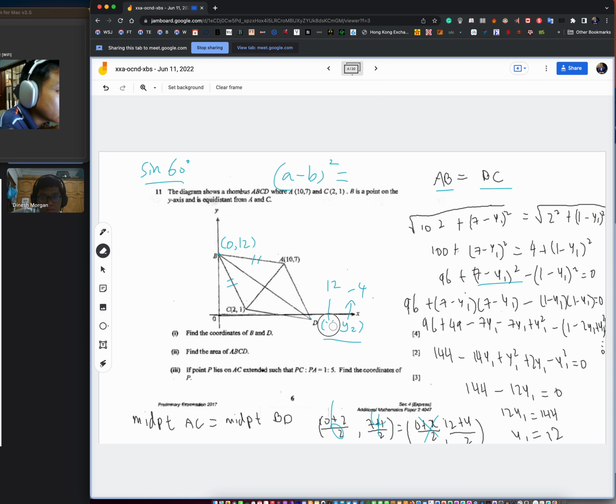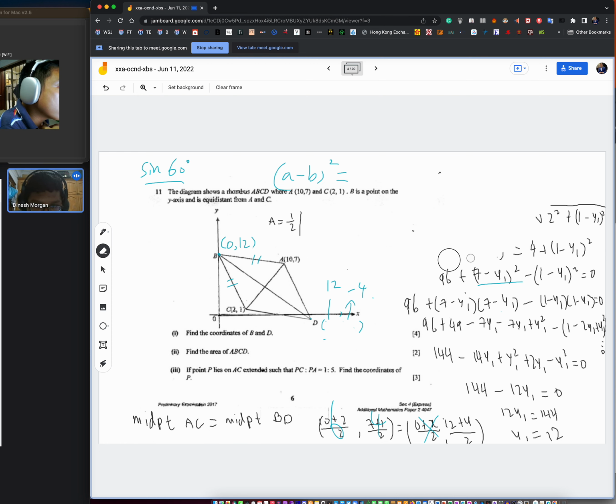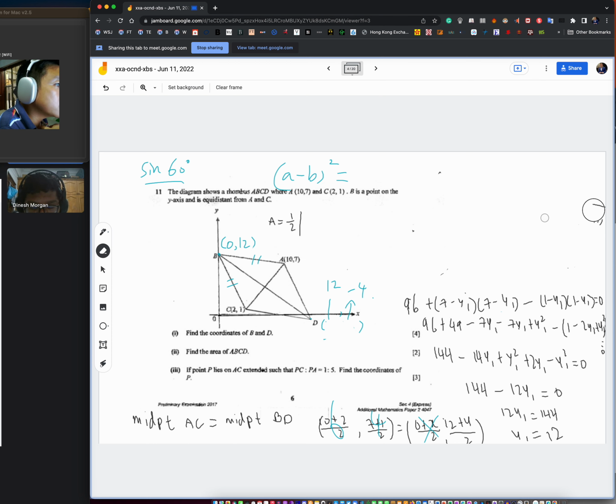Then how do you know how to find the area? The shoelace. Yeah, the shoelace. You remember that? I think it's up to you. If you start from counterclockwise, let's say you start from A, right?